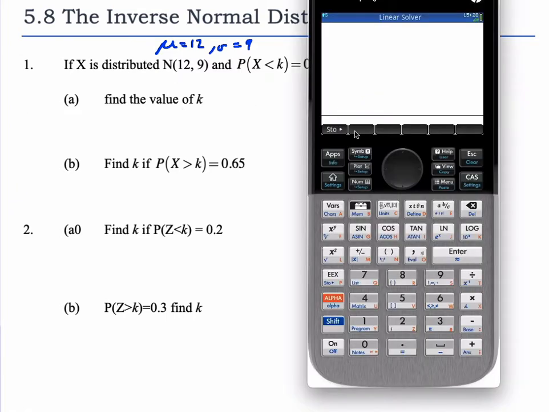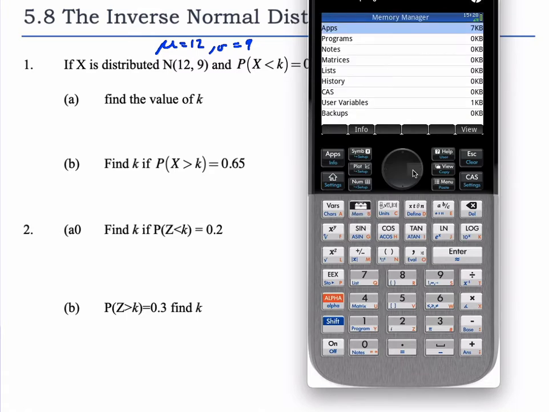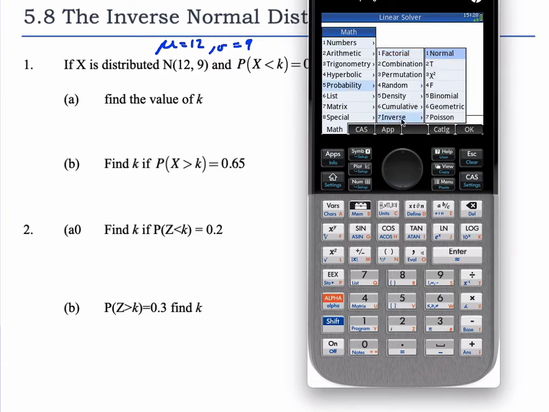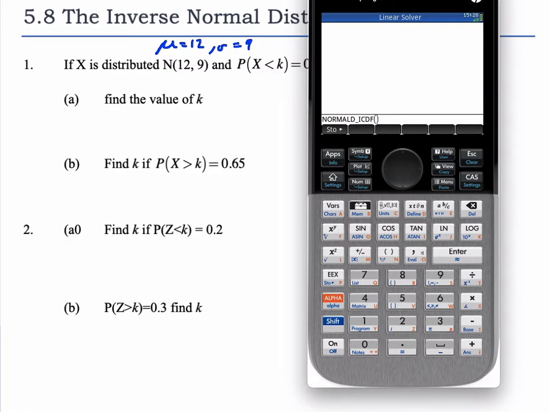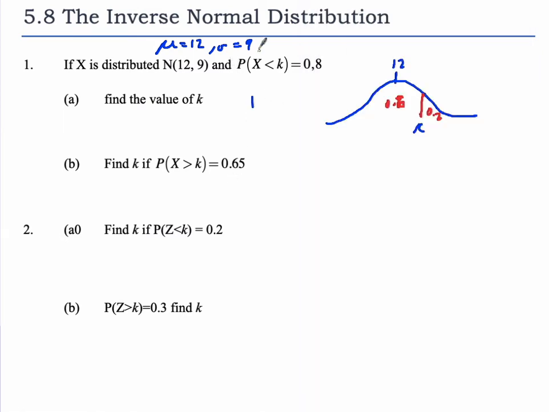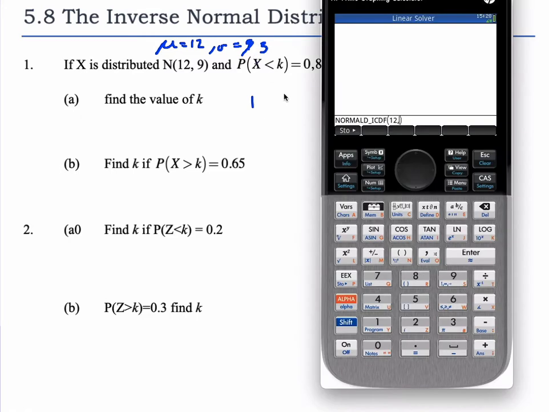So let's open up the calculator and go to toolbox, probability, and we go down to inverse normal, and you type in the mean, comma, standard deviation, which is actually 3, I made a mistake earlier, square root of 9, which is 3, comma, 0.8.